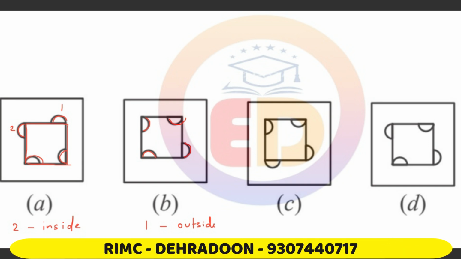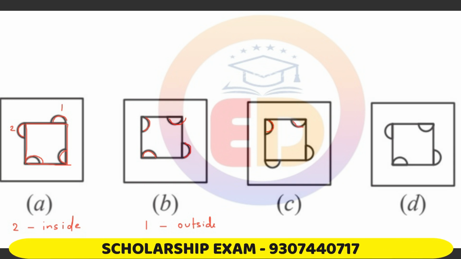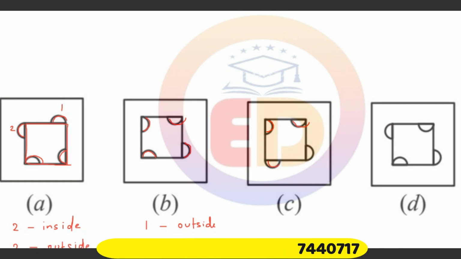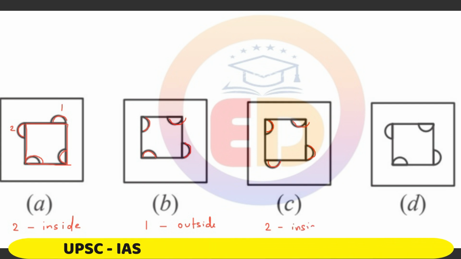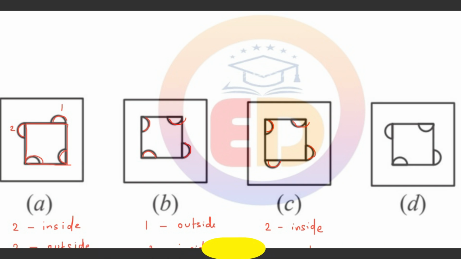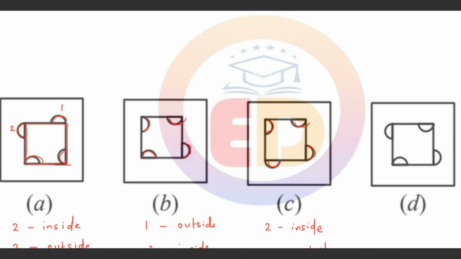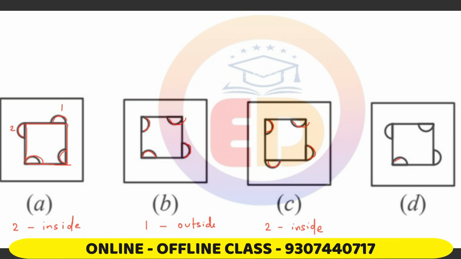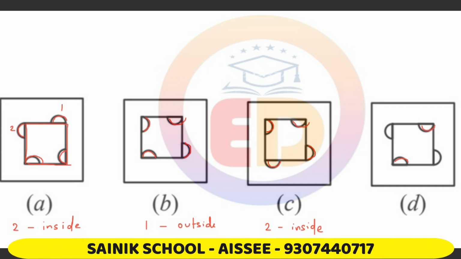In the third option, we can see that there are 2 semicircles inside and there are 2 semicircles outside the polygon. In the figure D, we see that there are 2 semicircles inside and 2 semicircles outside the polygon.